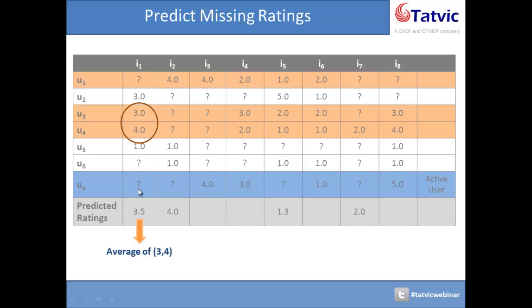Let me take an example here. The missing rating for item 1 is calculated based on the average rating of the other similar users. In this case, user 3 and user 4 have given ratings 3 and 4 for this item 1. So we can take the average of these 2 and use it as the rating for this active user, because we assume that similar users will rate items similarly.